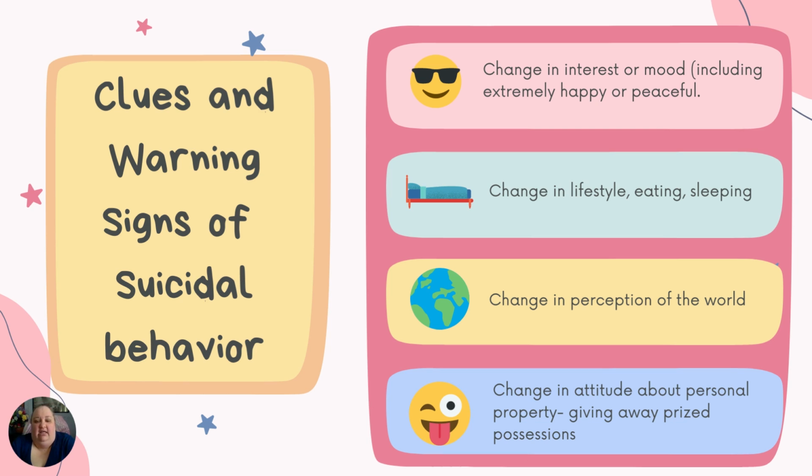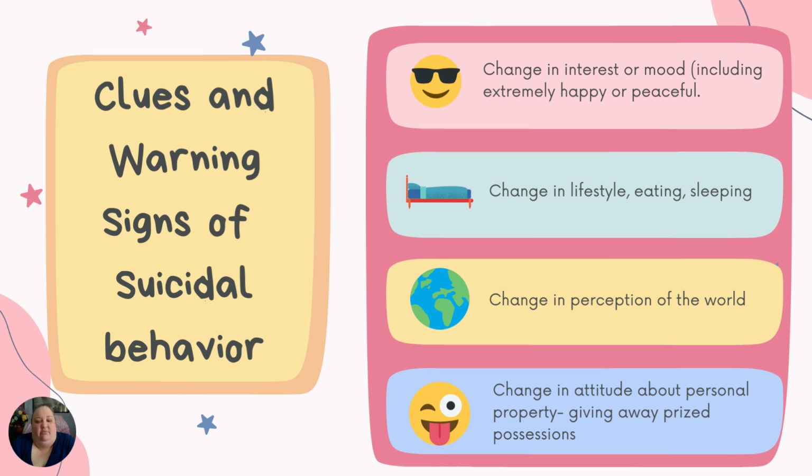Change in lifestyle, eating or sleeping, whether that's more or less, would be a big change. Change in perception of the world. If all of a sudden they've had a pretty good outlook of the world and all of a sudden it's all gloom and doom, that's another huge warning sign.